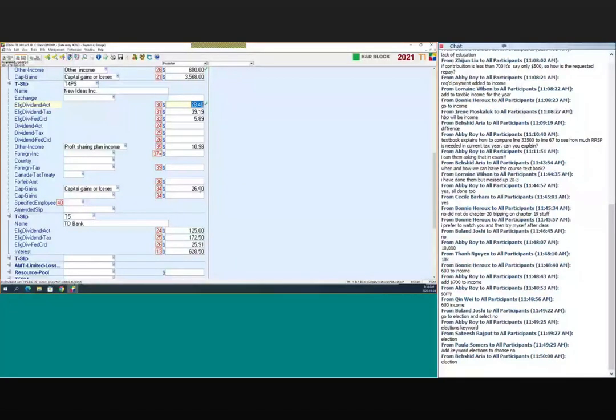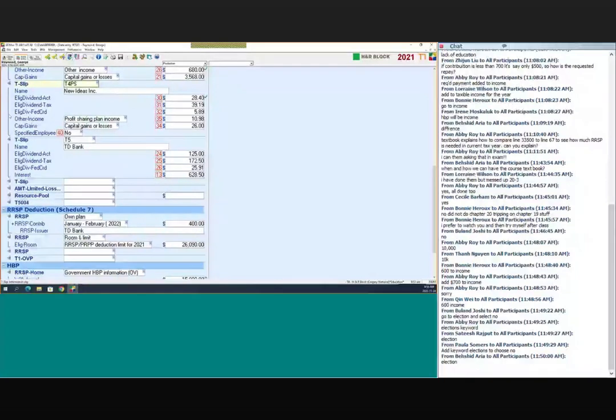I wish they were in numerical order. And we have our dividends. And we don't actually have to select specified employee. You can put no in, but if you're leaving it blank, it assumes it's no too. All right, so that's our data entry for our profit sharing.